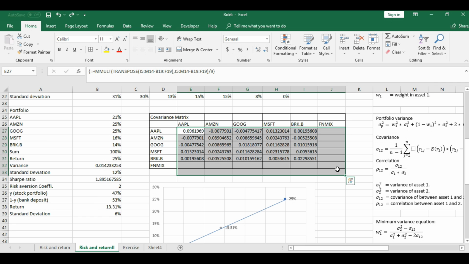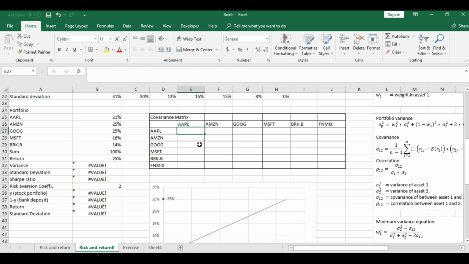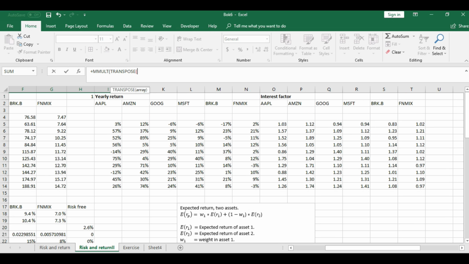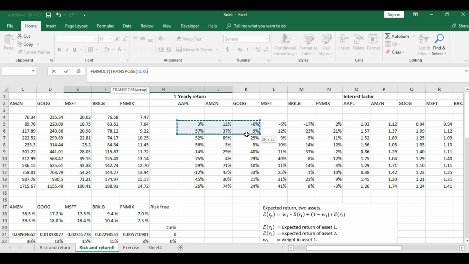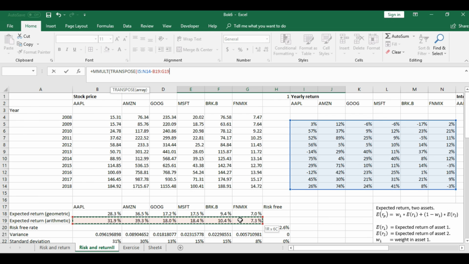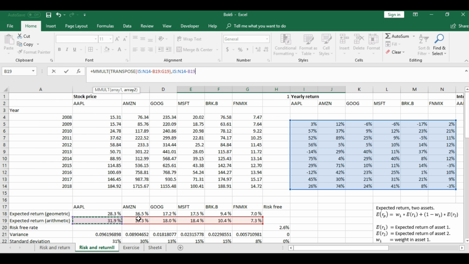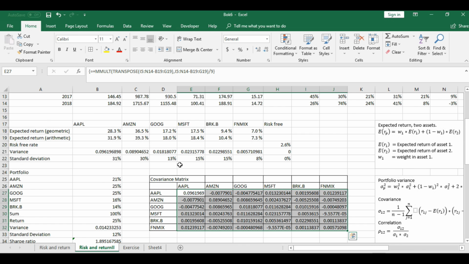So we mark the area and then MMULT, transpose the returns minus the expected returns, multiplied by the same area minus the expected returns, divided by the number of dataset minus 1. Control Shift Enter, and there.